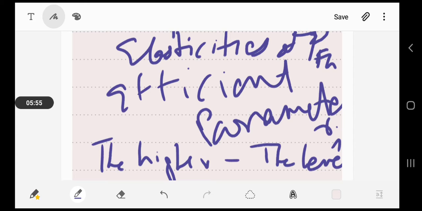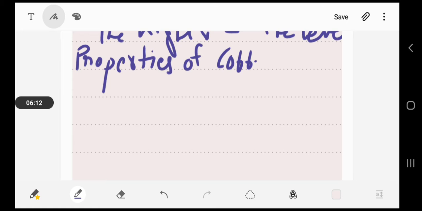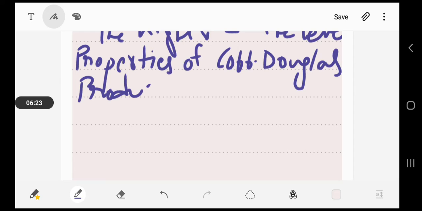Properties of the Cobb-Douglas production function.